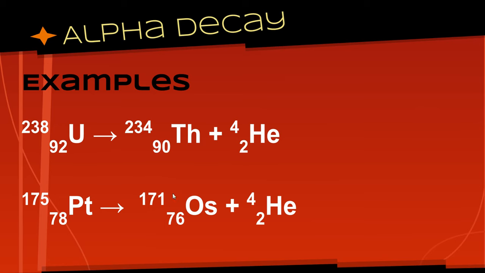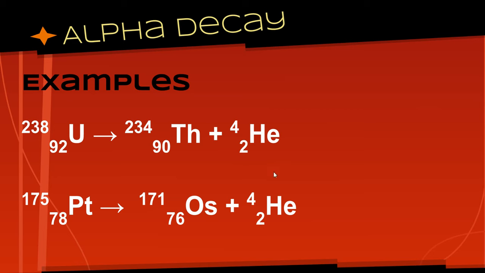The mass number, 171. If you look, we have 175, and then now we have 171 plus 4. So you know that that would be the correct mass number. And then if we look right here, we had 78 as our atomic number. Now we have 76 plus 2, which is equal to 78. So those are all examples of alpha decay.